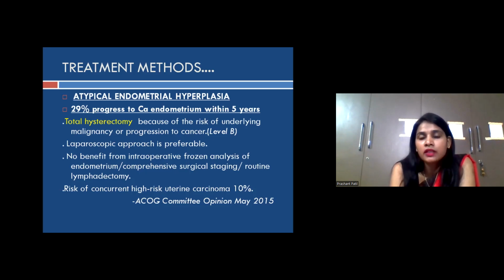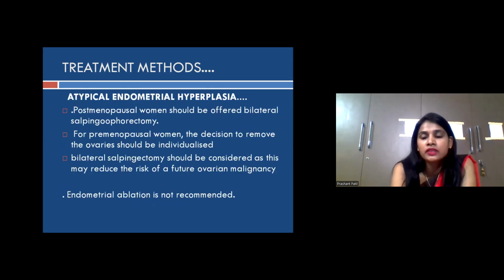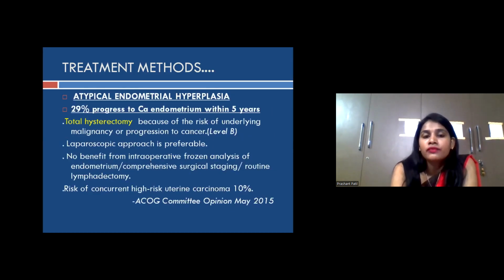Even the coexisting underlying malignancy is as high as 10%. That is why complete cure with total hysterectomy is the preferable approach, and again the laparoscopic approach is preferable. It is seen that there would be no benefit from intraoperative frozen analysis, surgical staging or a routine lymphadenectomy.